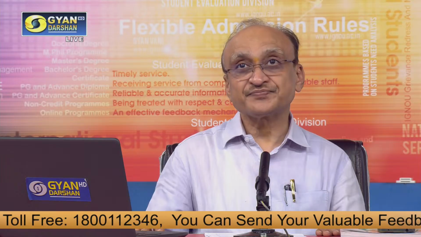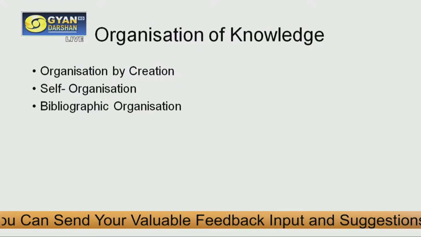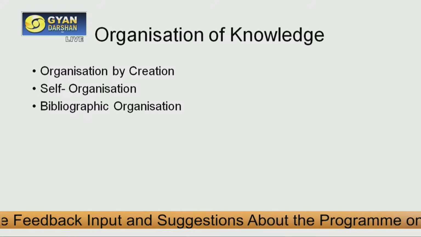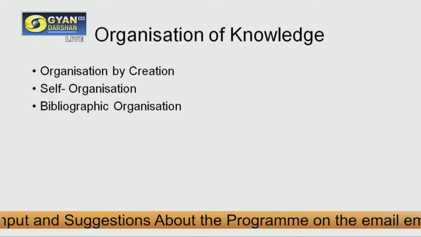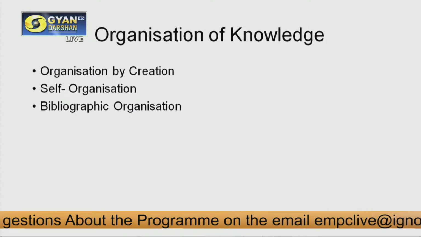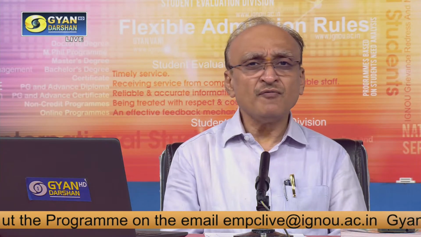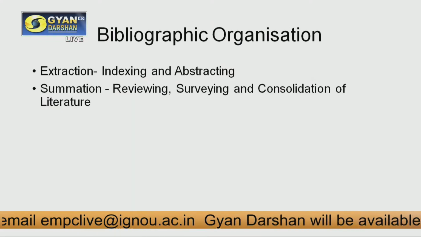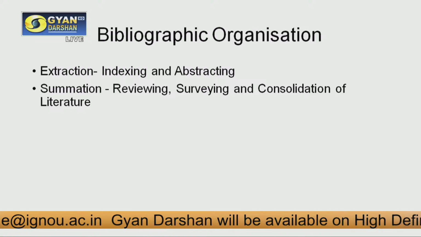Now, organization of knowledge may be due to creation, maybe self-organization, or maybe bibliographic organization also. When you talk of bibliographic organization, it could be extraction, which could be in the form of indexing or abstracting, or it could be summation.